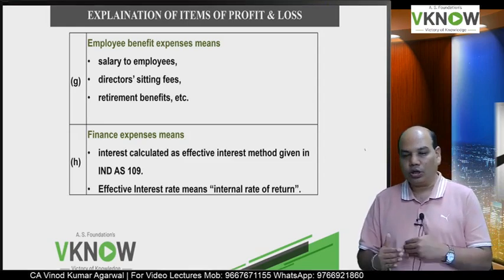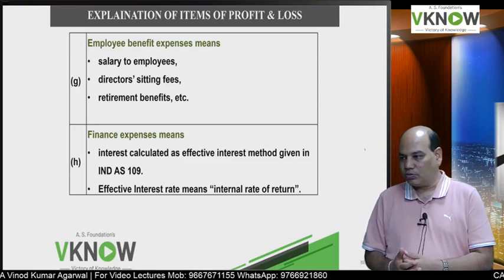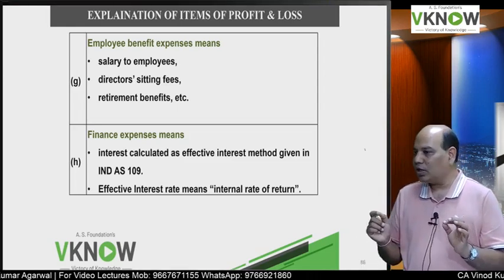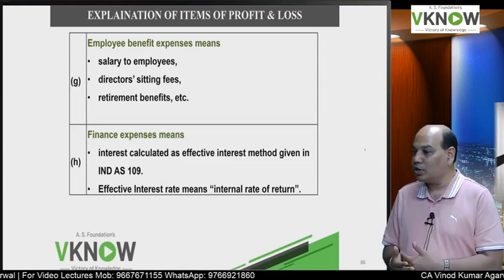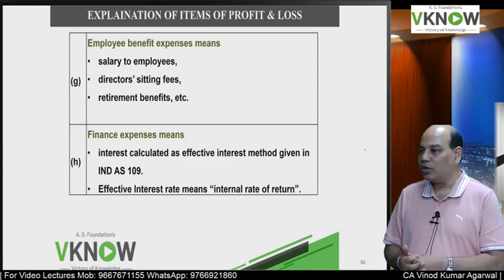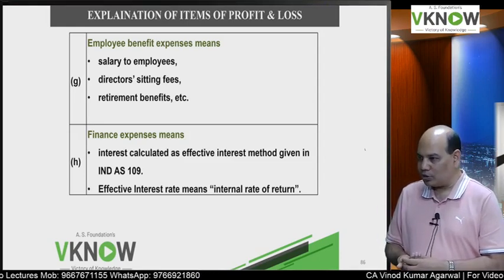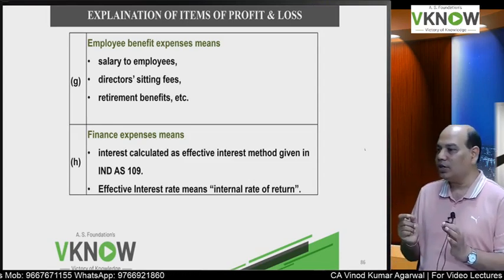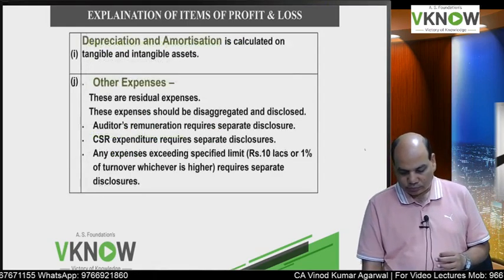The whole accounting of interest will undergo a change now, because we don't transfer coupon interest to P&L account, rather we transfer effective interest to P&L account. Coupon interest is only a payment made to the investor or the bondholder. What goes to the P&L account is the effective interest that you are paying on your debt securities.